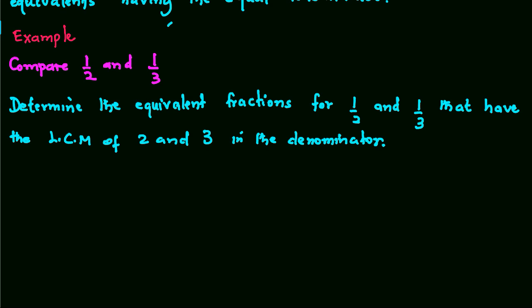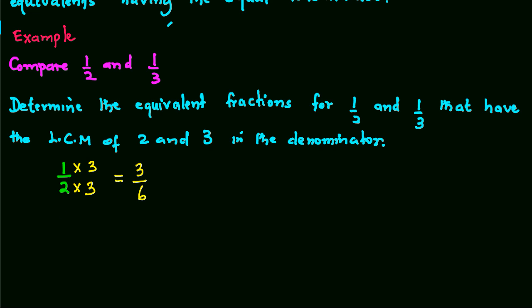So in the case of a half, we're going to have 2 times 3, 1 times 3. So this one gives us 3 over 6.